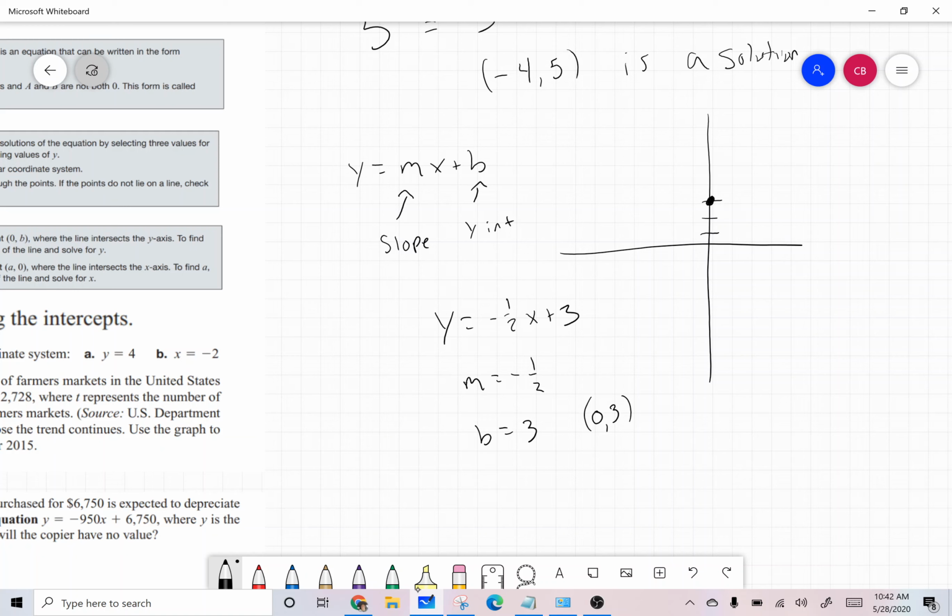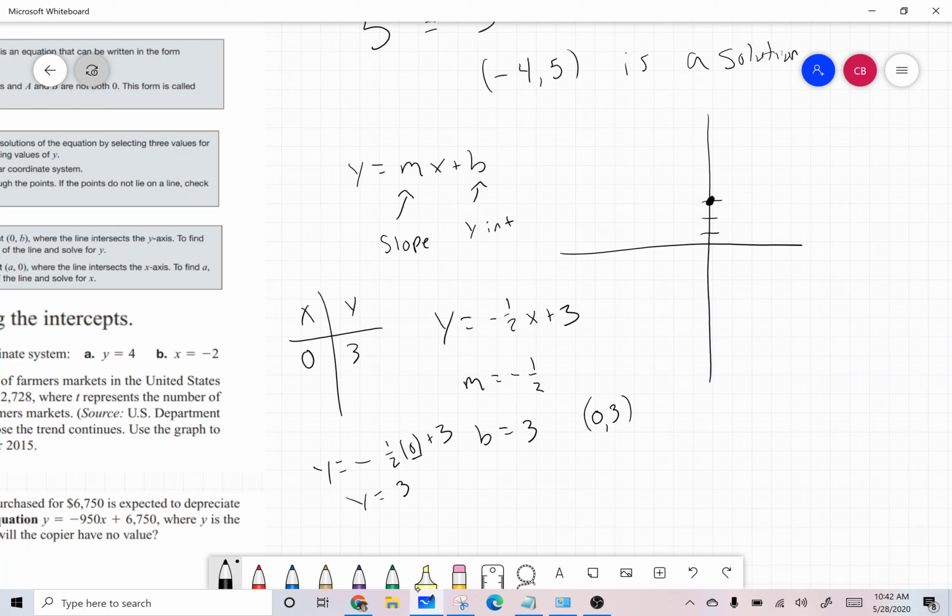And how do I know that's the point? Well, if you plug 0 into that equation, you have negative 1 half times 0 plus 3 is equal to y, which is y is equal to 3. And so we've used 0 as our x value, and 3 is our y value. Okay, so we've got 0, 3 as our point.